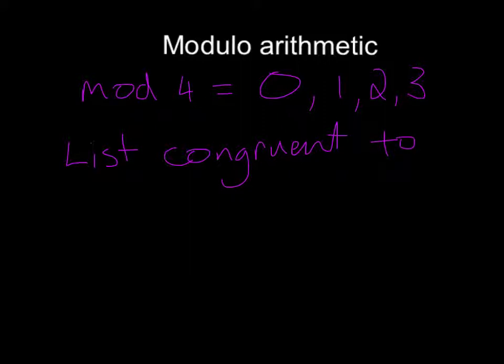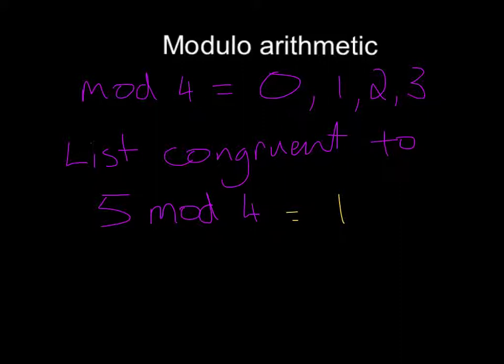Well, what is 5 in mod 4? When you divide 5 by 4, it gives you a remainder of 1, so that has an answer of 1. So we're looking for any other number that when divided by 4 gives you a remainder of 1.